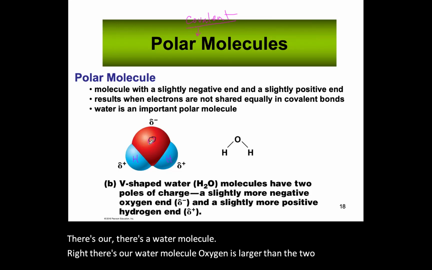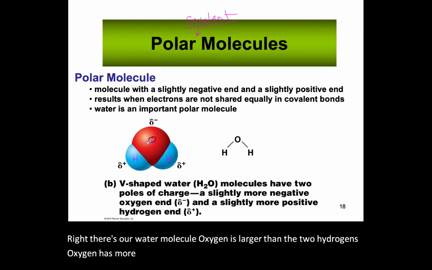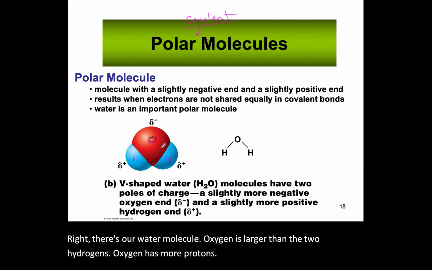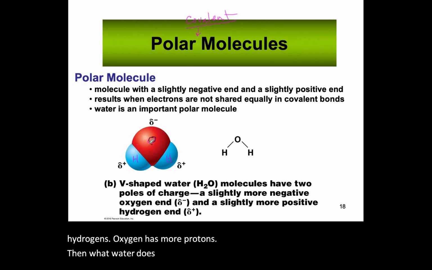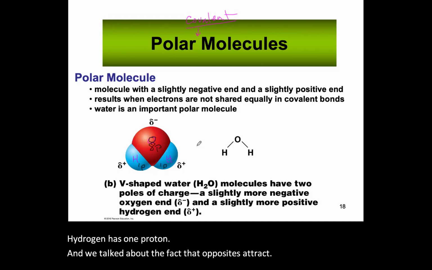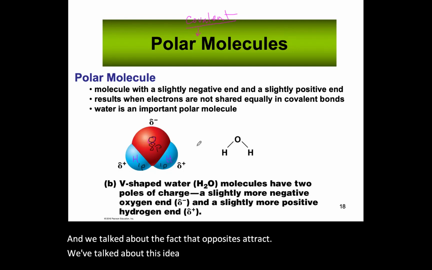Oxygen has more protons than hydrogen does. Oxygen has 8 protons. Hydrogen has 1 proton. And we talked about the fact that opposites attract.